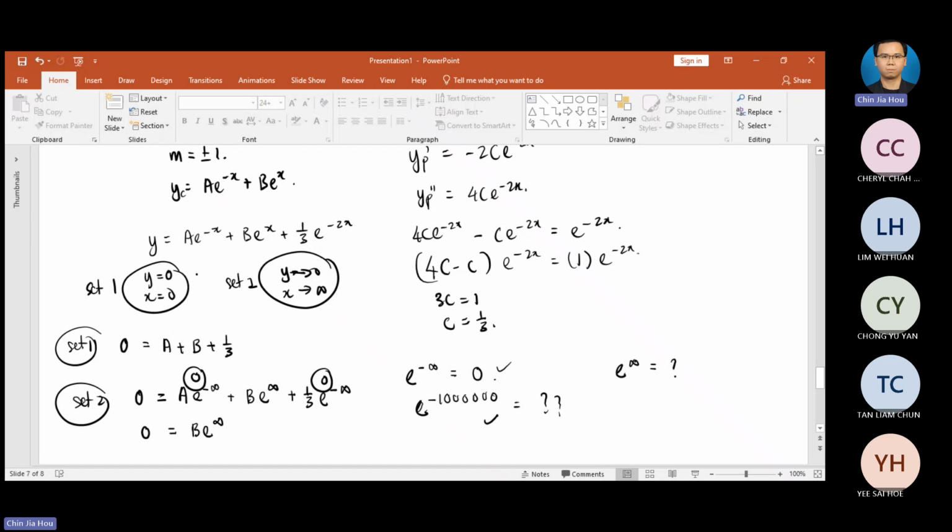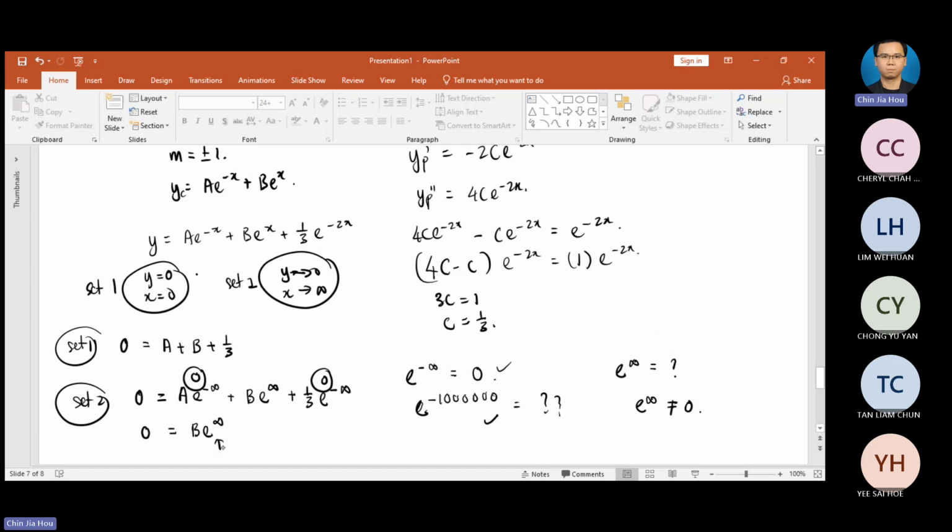If you remember the exponential graph, how does it look? It curves and goes up. Will it ever be negative? Will it ever touch 0? No. So e to the infinity is not 0.